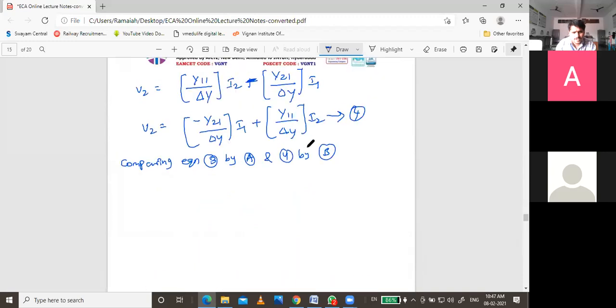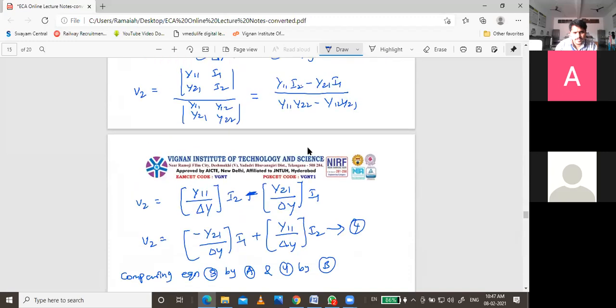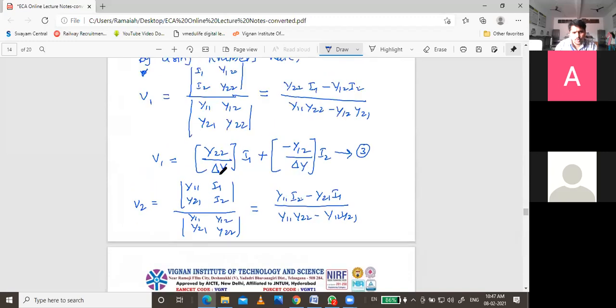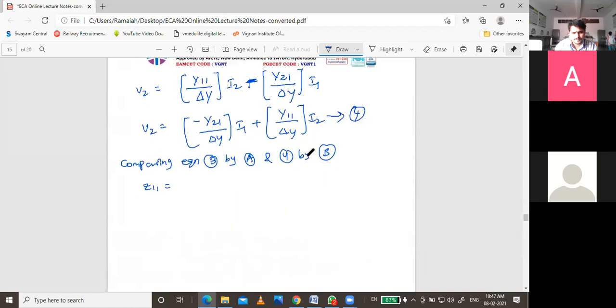So by comparing this, you can easily write Z11 equal to what? By the equation 3, Z11 is y22 by delta y, Z12 is minus y12 by delta y. Z11 is equal to y22 by delta y.